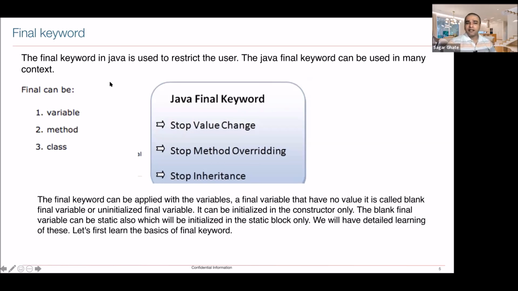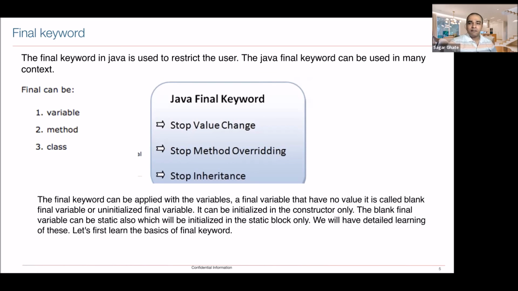And in Java, we have a final keyword. Final keyword we are going to use in many places like variable, methods, and class. And final itself is saying, boss, this is final, you cannot change it. So if I put final in front of a variable, I cannot change the value. If I put final in front of a method, I cannot override that method.